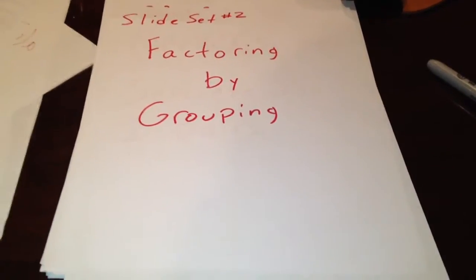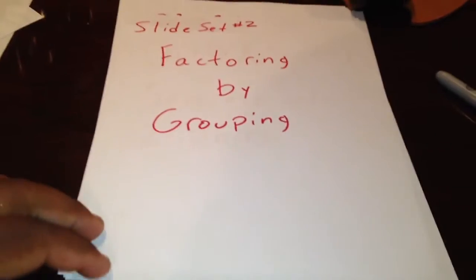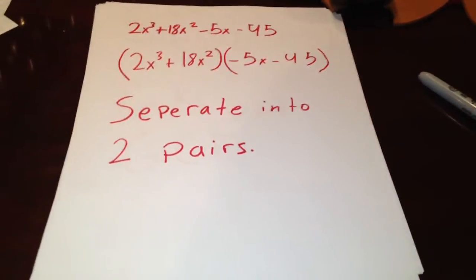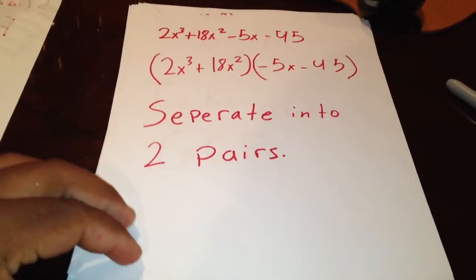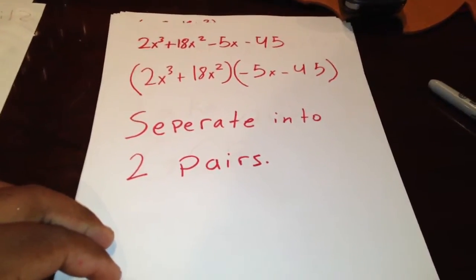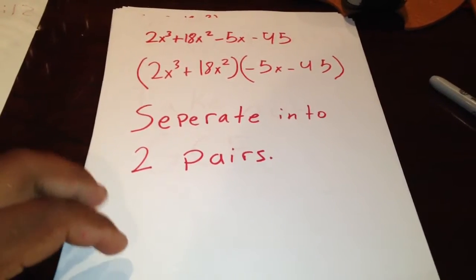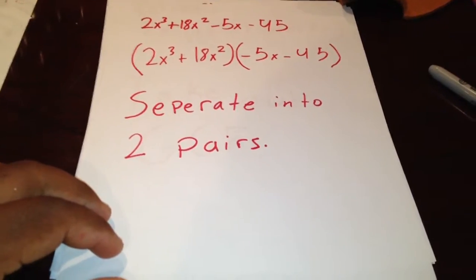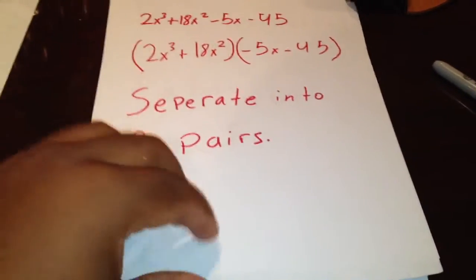For slide set number 2, factoring by grouping is what I'm doing. For this, I'm using the problem 2x cubed plus 18x minus 5x minus 45. And when grouping, you separate the 4-term problem into 2 pairs.